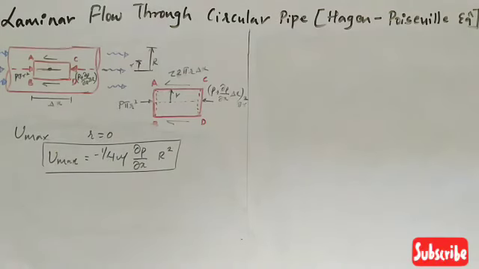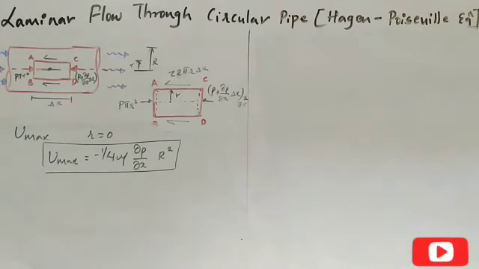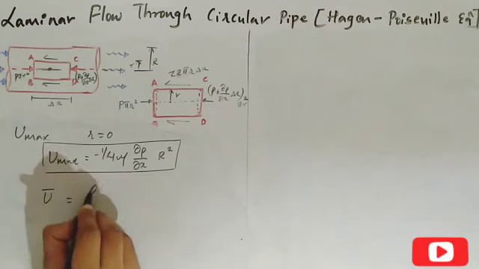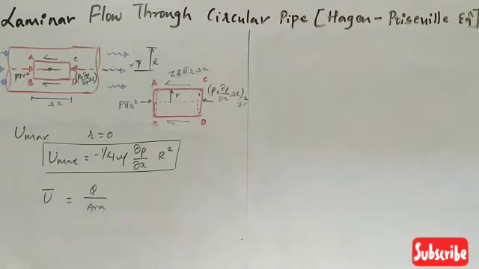Now the average velocity in this circular pipe is obtained by dividing the discharge through the cross-sectional area, that is u average equals discharge divided by area of that section.